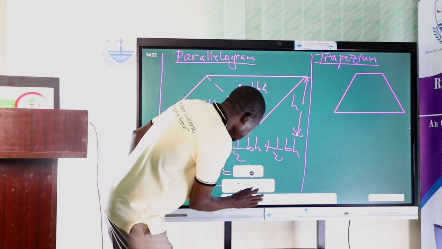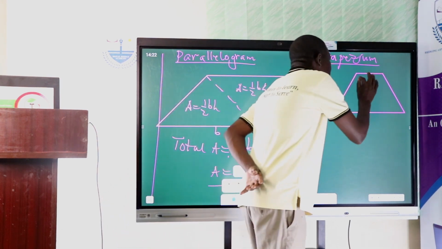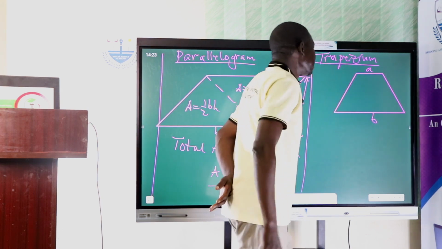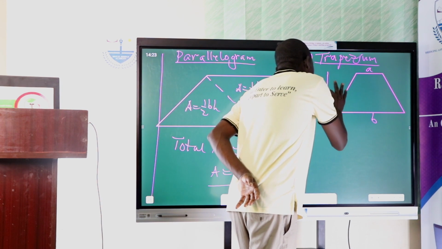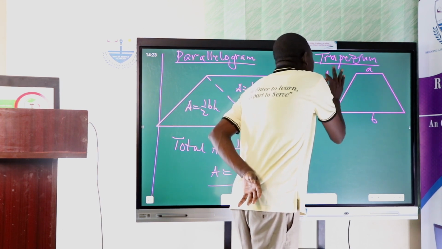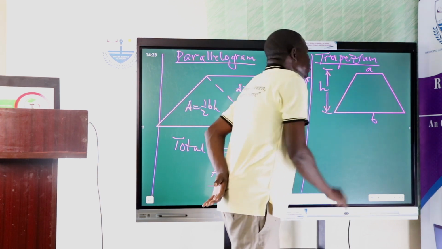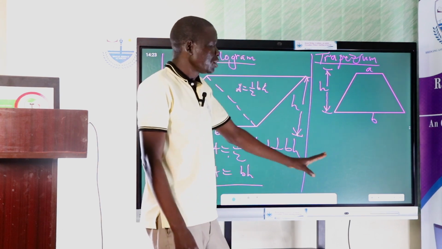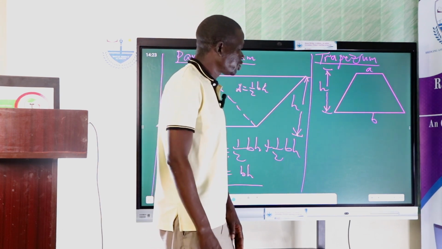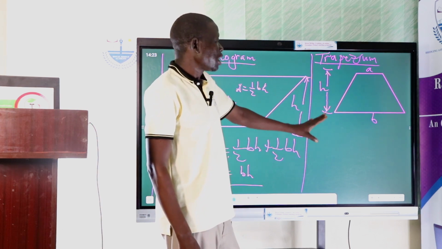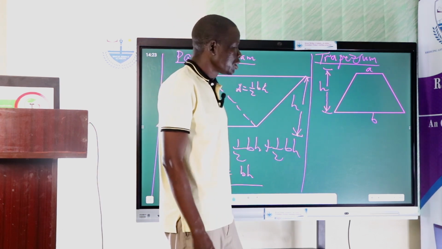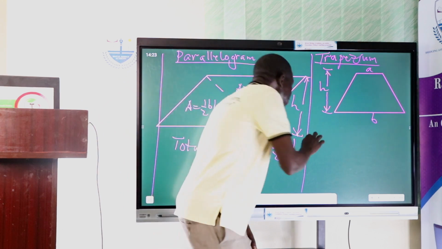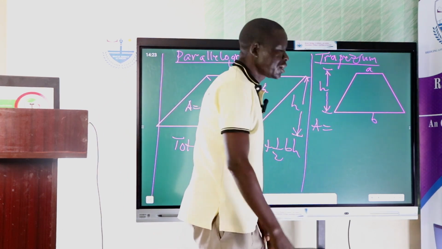Now, if these are the parallel sides, this is A, then this is B, and then this one is the height, represented by letter H. Area of the trapezium would be obtained by the formula: a half H into A plus B. That is, a half times the height into the sum of the parallel sides.